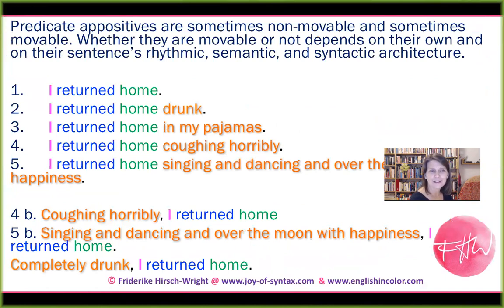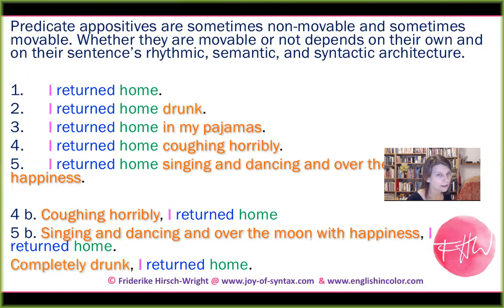And as always, I can only recommend read like a champion, and eventually you will acquire a sense for how things go, or where structures can be placed. I should be more precise. But I will give you a little bit of an idea here. I returned home is your basic main clause, and to that I can add these predicate appositives.